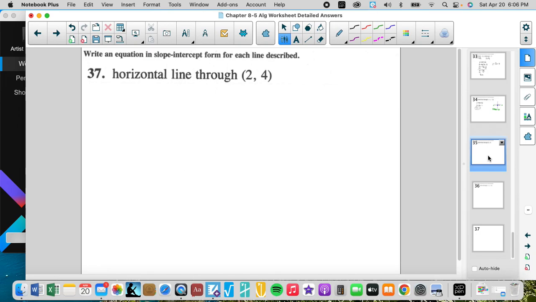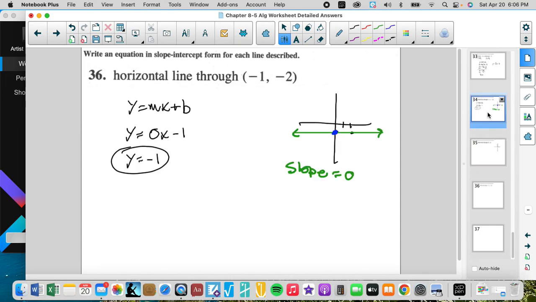Horizontal line through -2 or 2, 4. Did I do that one right? Maybe. I hope I did. I didn't do that correctly. I graphed it incorrectly.